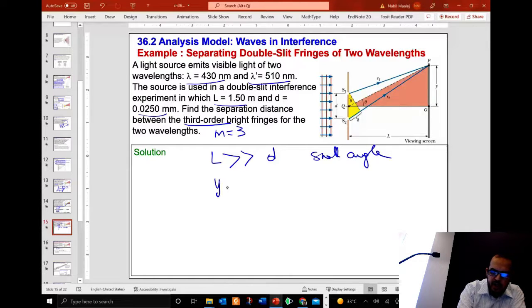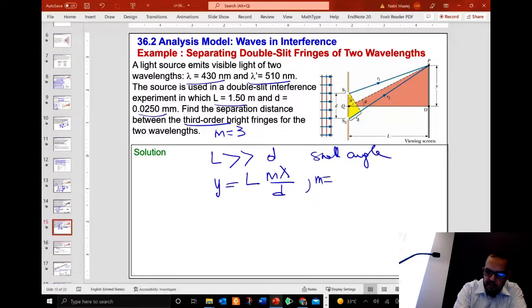So y for bright fringes is L m lambda over d. This is for one wavelength, for m equal to 3, y is going to be 3 L lambda over d.